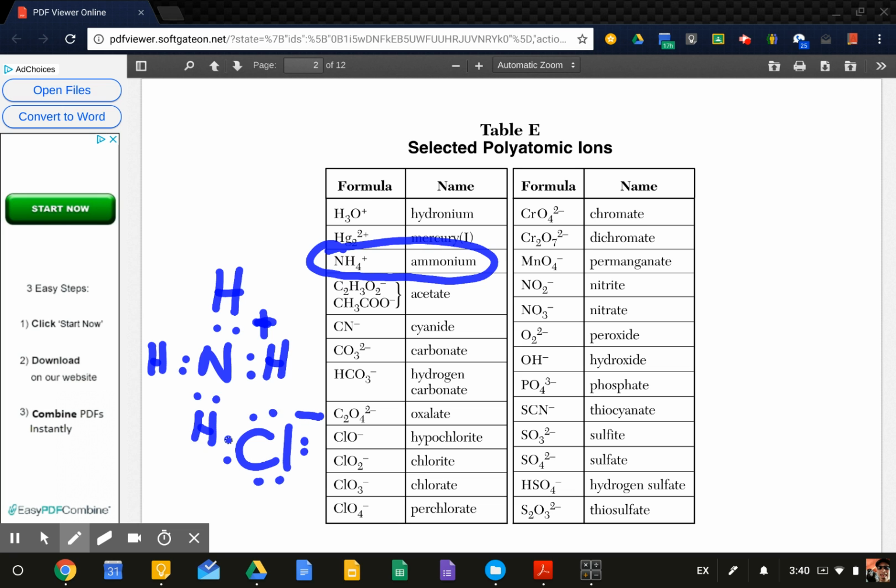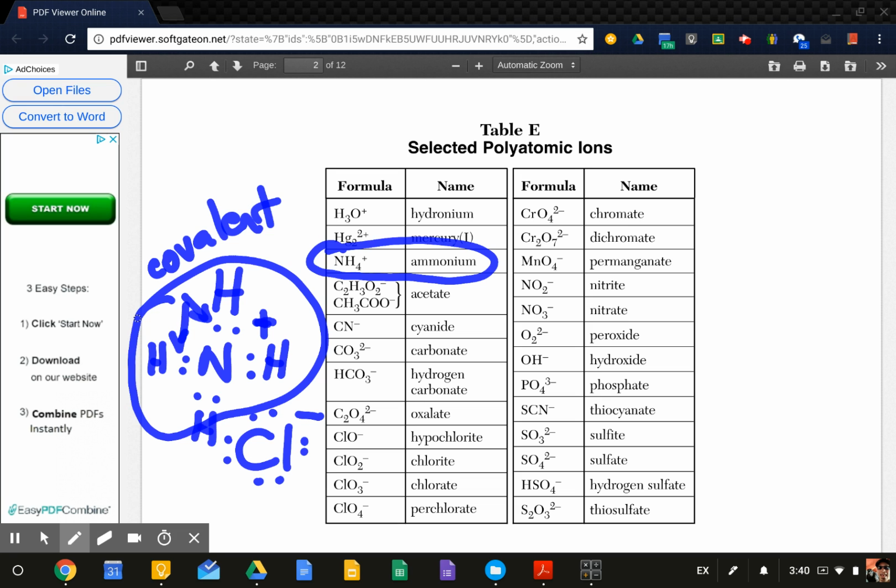But anyway, the bottom line here is that you have nitrogen bonded to hydrogen, so you have a bunch of covalent bonds. But you also have ammonium, which is a polyatomic positive ion, attracted to chloride, which is a negative chlorine ion, which means that you have ionic bonding also. So you have both.